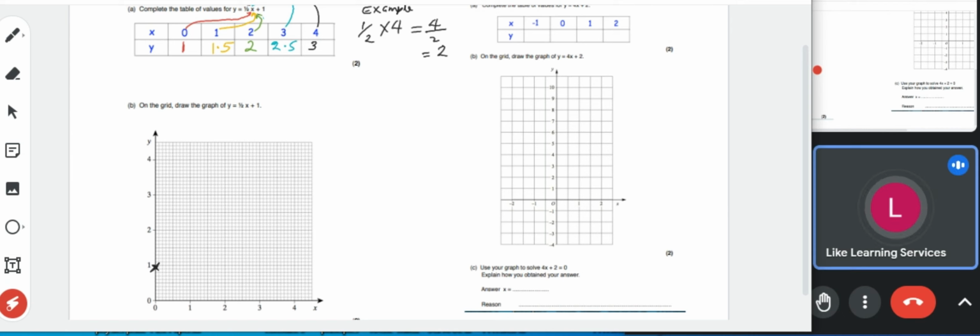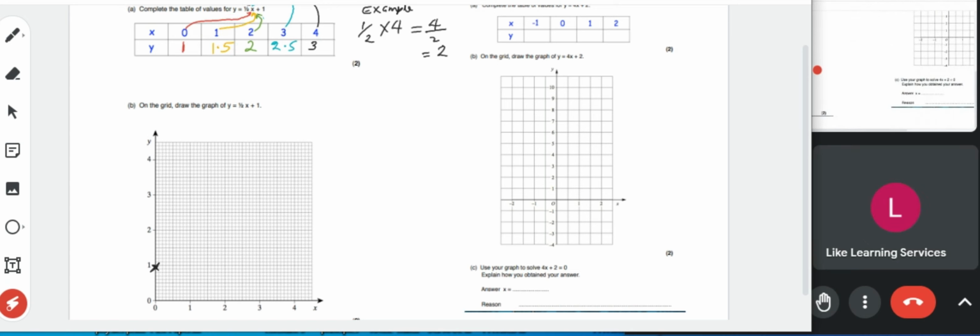When x is 1, y is 1.5. Let me see, let it show at my end. Oops, wrong place. When x is 1, y is 1.5.